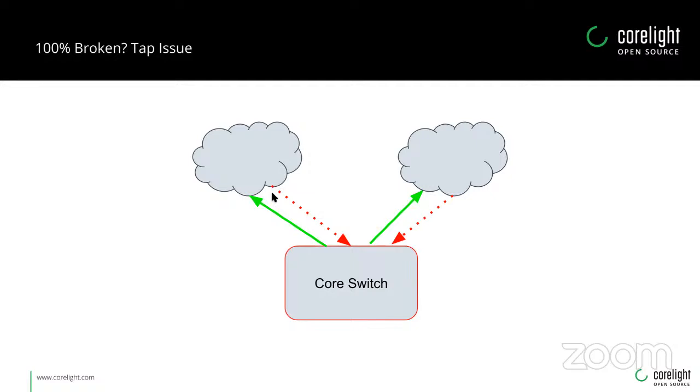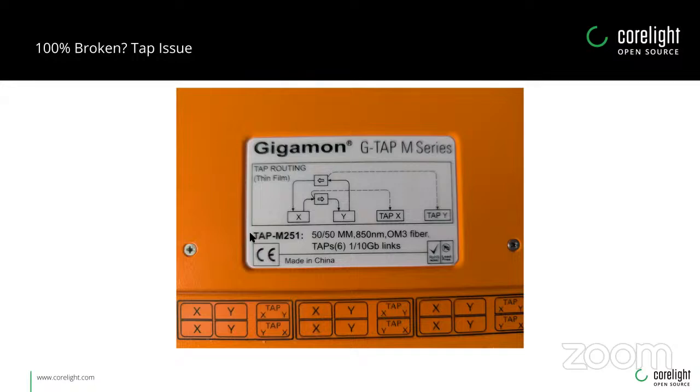So what is the usual cause for this type of issue before I go into other issues? Here's a picture of a fiber tap that I took a couple of minutes ago.